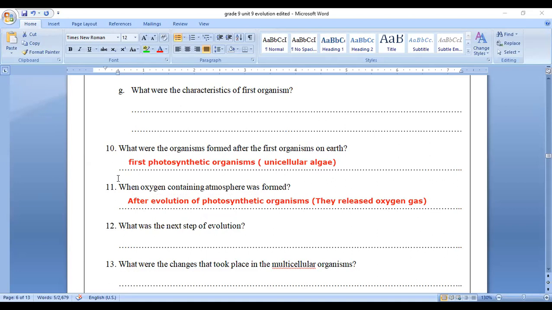Remember, your book has written this as a story; breaking it into orderly questions is very difficult and should be done very carefully. When oxygen containing atmosphere was formed after evolution of photosynthetic organisms, those photosynthetic organisms released oxygen gas.